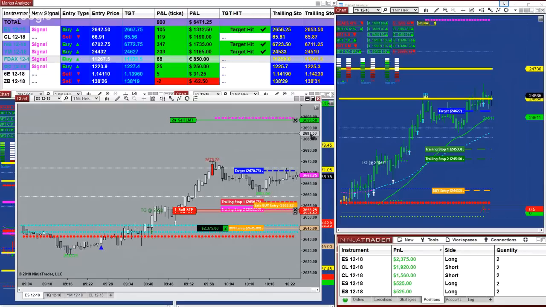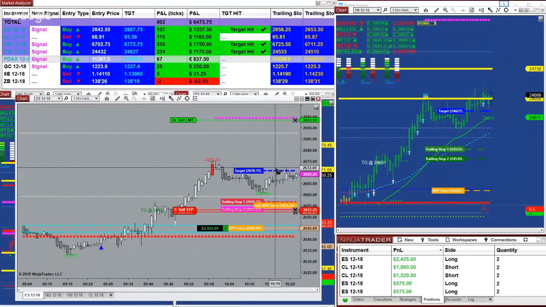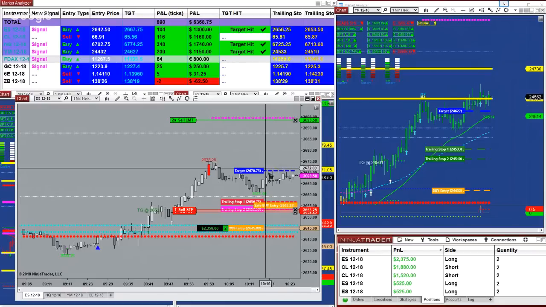That will be your last destination on this one. So we will see if we can break that area. It's right at the target and the fib line, and there is nothing we can do except wait on those trades.